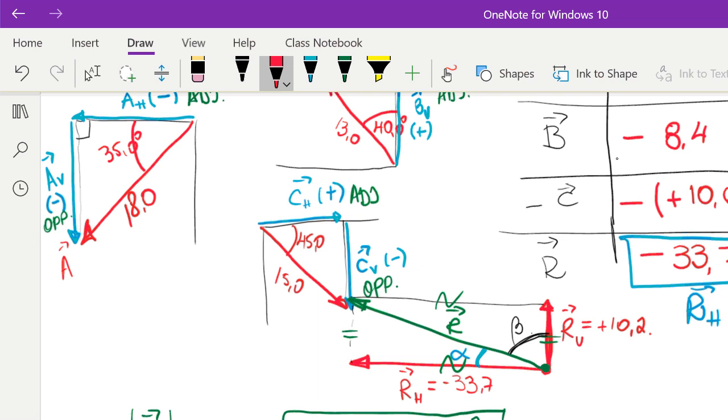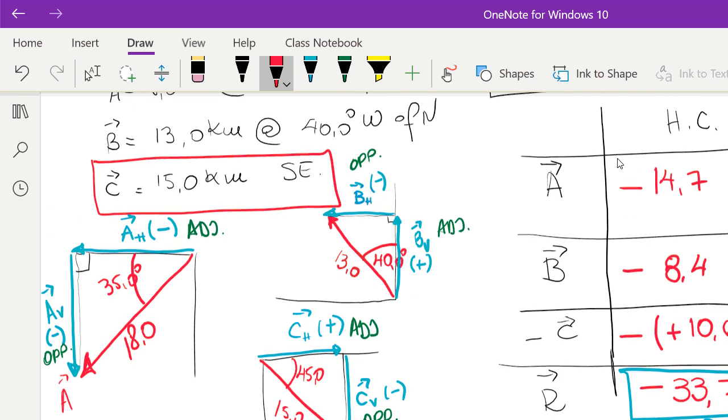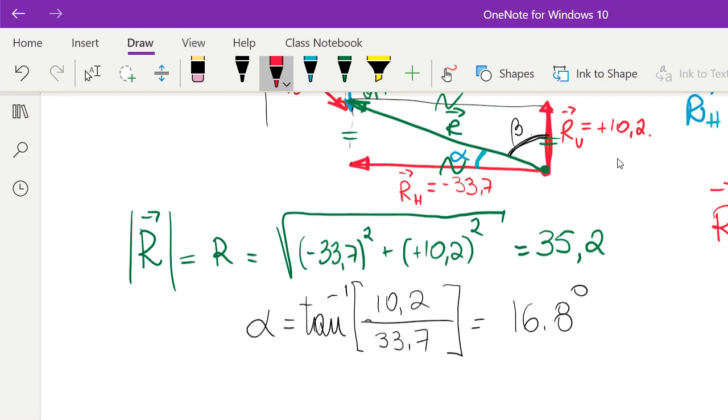And when you write a statement about the resultant, it will be something like this. The resultant, that is a vector, is 35.2 kilometers at 16.8 degrees, and this is starting from west going north, so north of west.